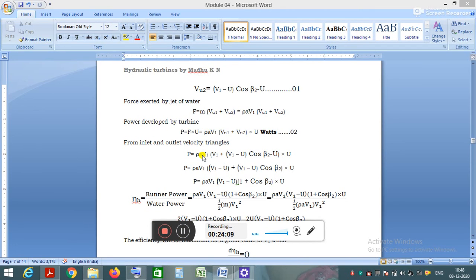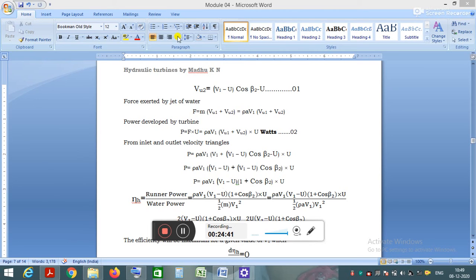Rearranging this equation, we will get the common term as V1 minus u. You can see here, we will get the common term as V1 minus u. Take V1 minus u outside this bracket. We will get the power developed by the turbine as rho a V1 into (V1 minus u) into (1 plus cos beta 2) into u.